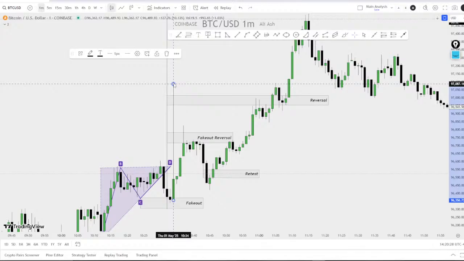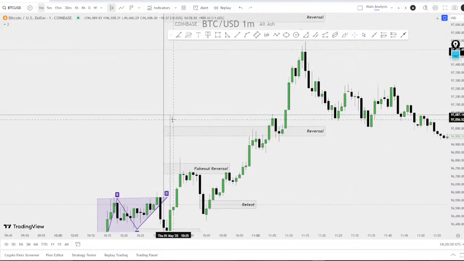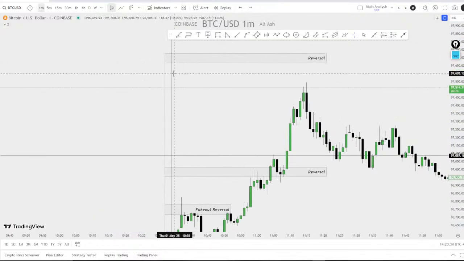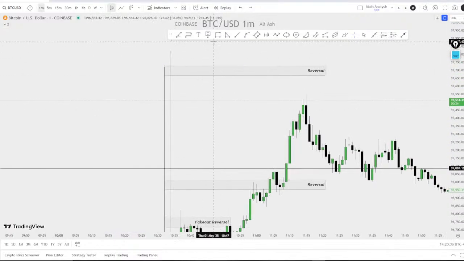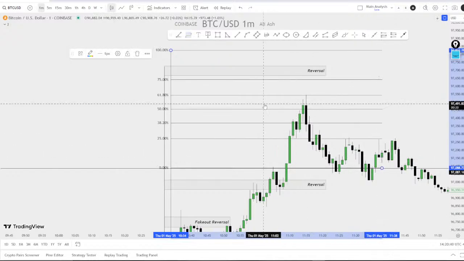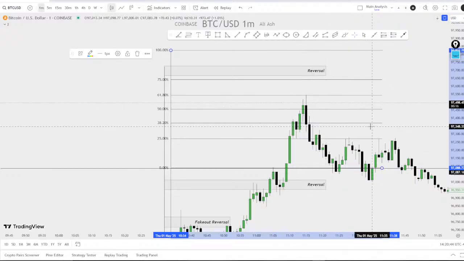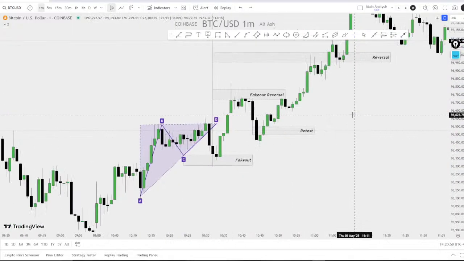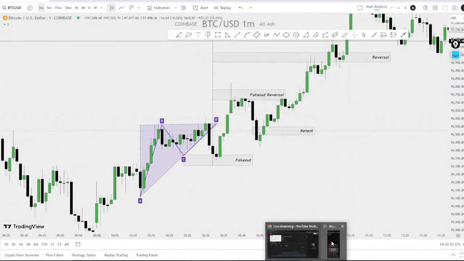The first reversal is here, and then it's doubling. Demand is doubled. So with this you can also find the central zone. It's rejecting from the central zone and consolidating itself. So that's how you can find the pennants, and you can measure the inside liquidity.